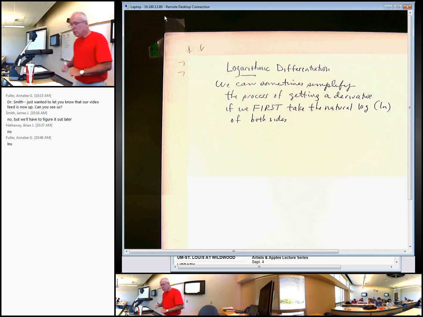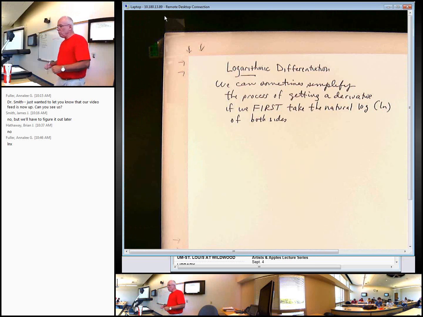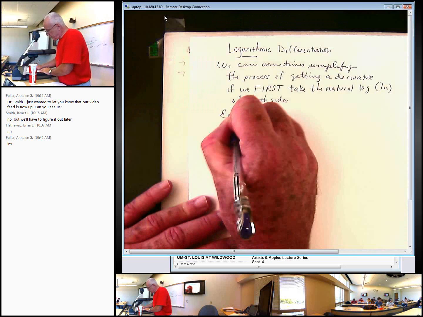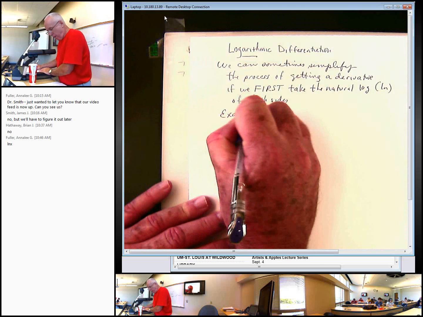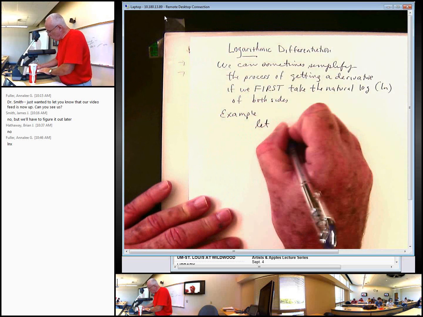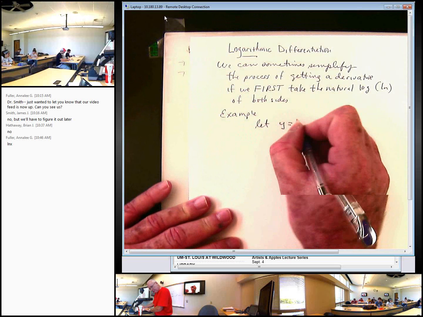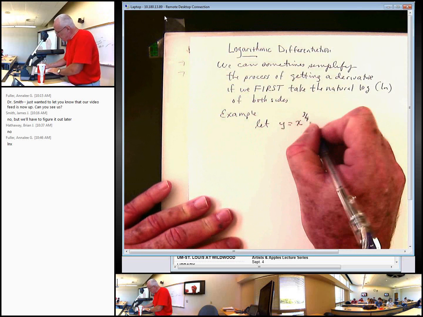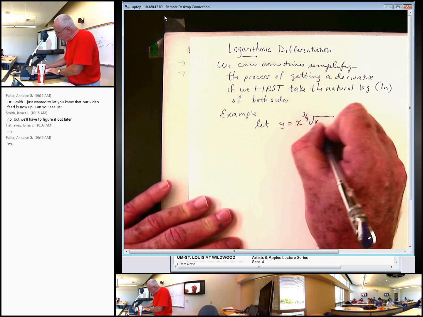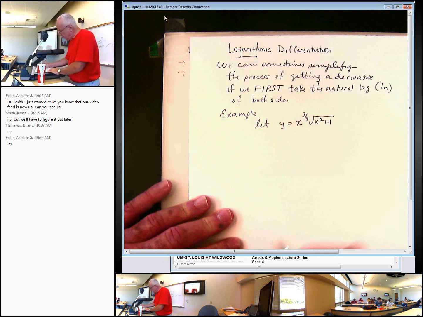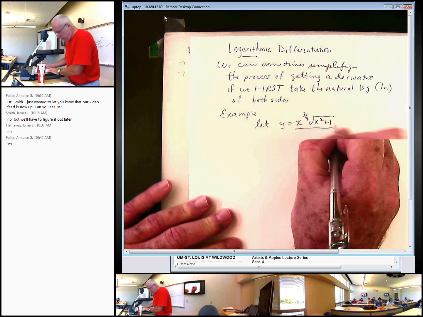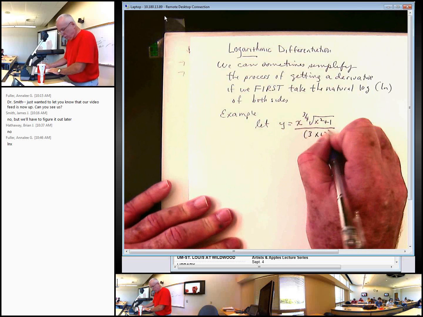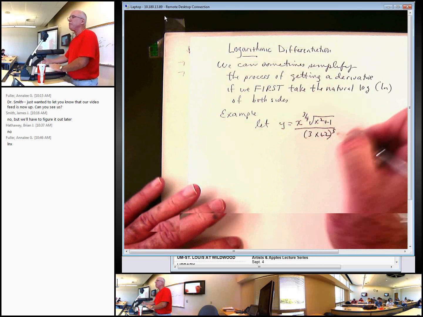So I'm going to do a couple of examples here to show what we're talking about. Okay, example. Let y equal x to the 3/4 power times the square root of x squared plus 1, all divided by 3x plus 2 raised to the 5th power.